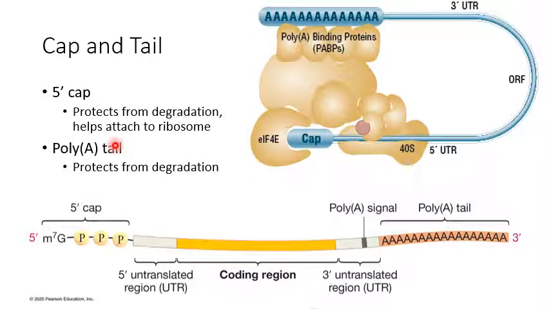The other purpose is to protect the mRNA from degradation. All eukaryotic cells have enzymes called RNases that continually find RNA and destroy it. They do that because if your cells become infected with a virus, viruses will use their own RNA to force your host cell to make proteins for the virus and to make new viral particles. When a virus gets into the cell, it's going to inject its genetic material into that host cell.